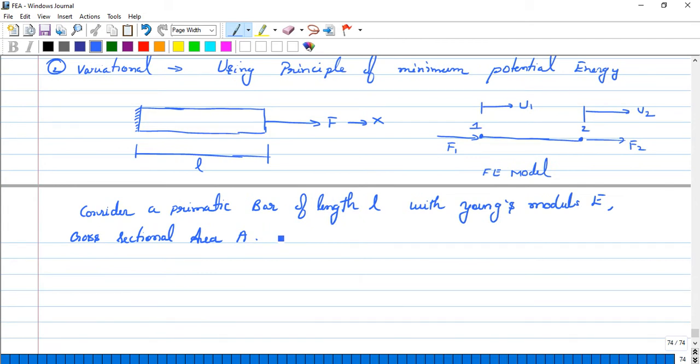I'll continue with the same. So the bar is fixed at one end and subjected to force F on the other end.